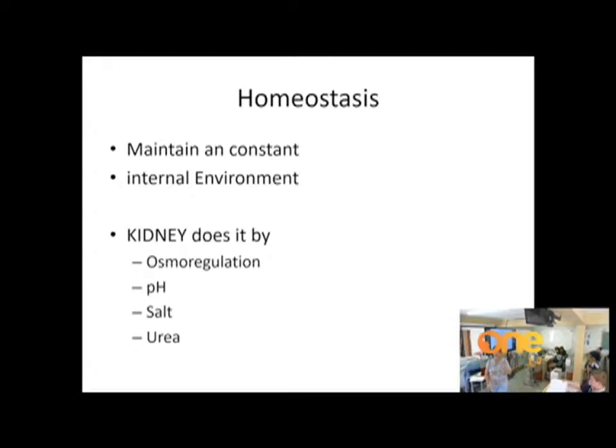Homeostasis is to maintain a constant internal environment in a body, in an organism. Now, it is not for non-living things. It is for bodies. Okay, so how will the kidney do that?